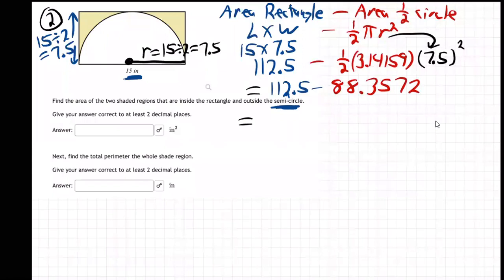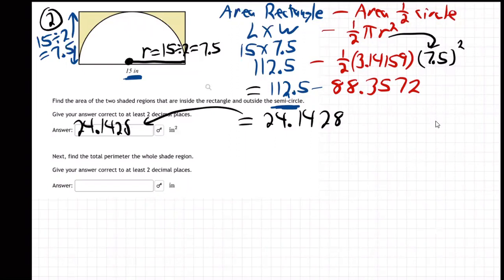The difference is 24.1428. Put that in there. So there's the area of the shaded region.